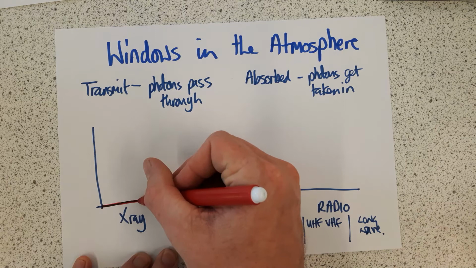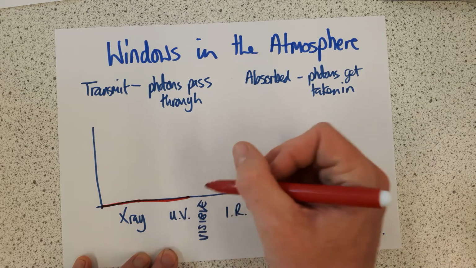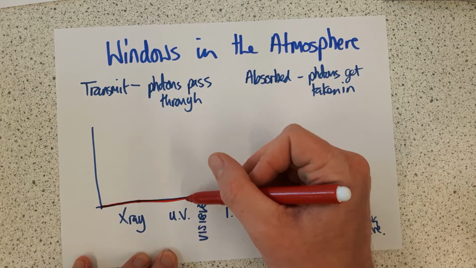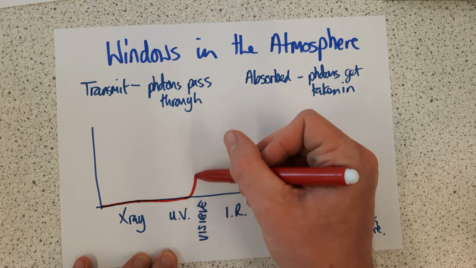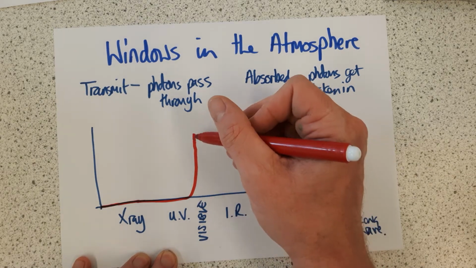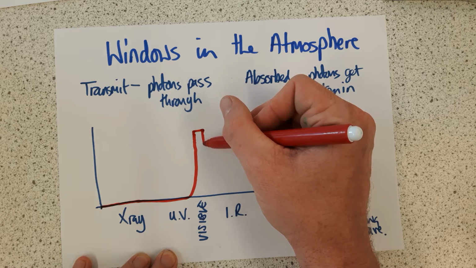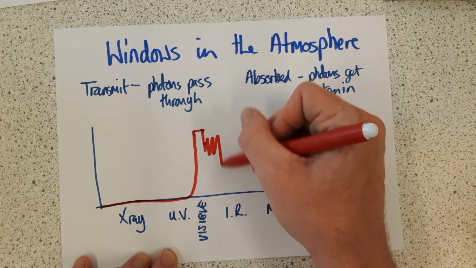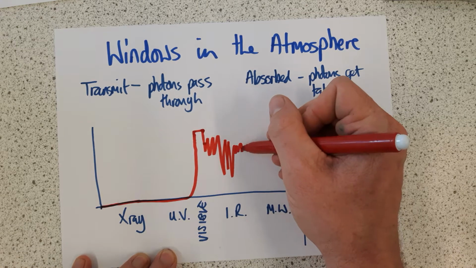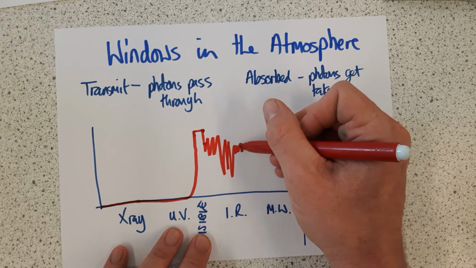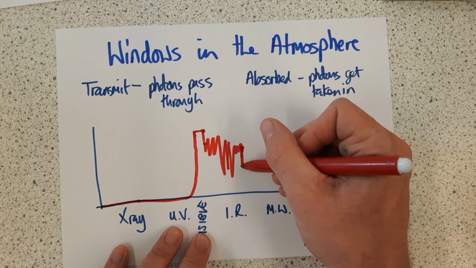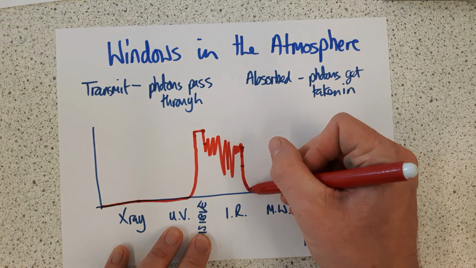X-rays and UV are largely absorbed by the atmosphere in the upper atmosphere, and then we have this spike where we can see the visible light. And then through infrared, there are certain frequencies which pass through and certain ones which don't. Then it drops down again, and we have not much.